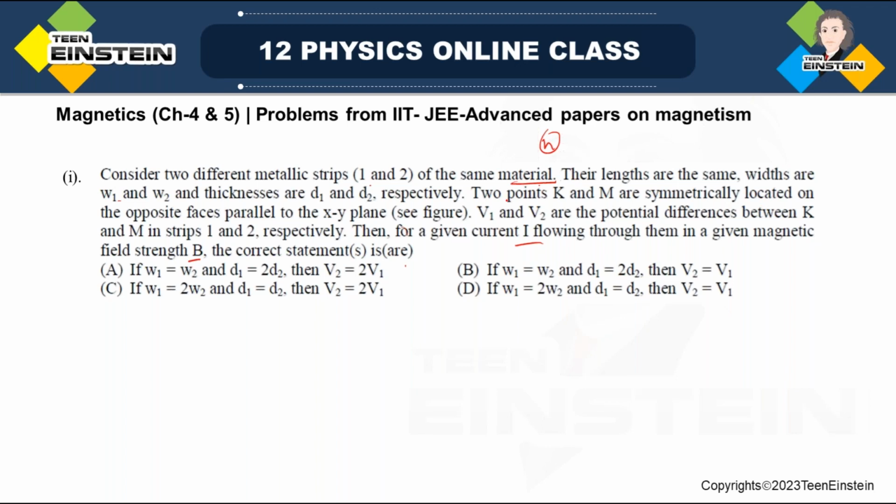In that case, two points K and M are symmetrically located on the opposite faces parallel to the xy plane. And V1 and V2 are the potential differences. So if V1, V2 are the potential differences for the two different metal strips, then see which of the following are true. So we have to see when W1 is equal to W2 and D1 is equal to 2D2, then what is the relation between V2 and V1?